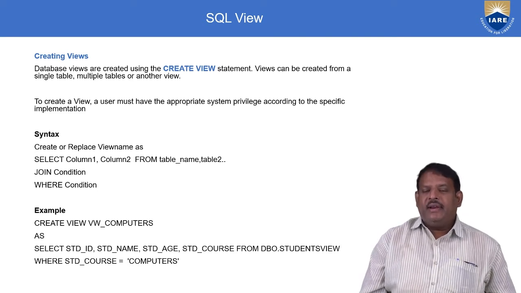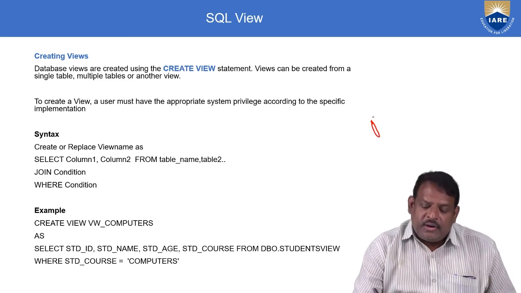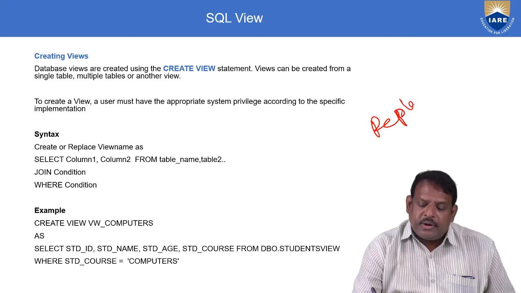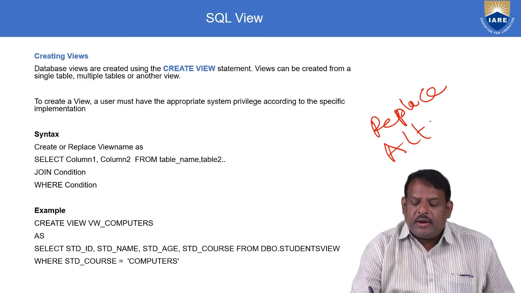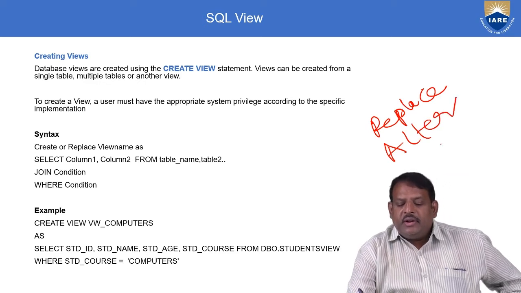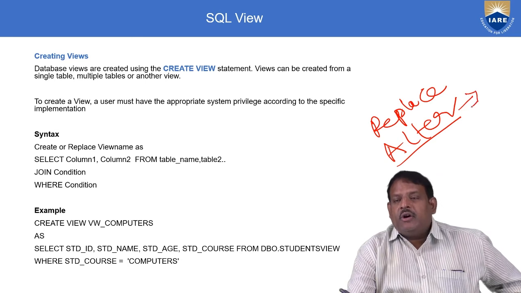It is just the create statement. Replace or alter is used to modify an existing object. It depends on your database. In SQL, alter is to modify the structure of an existing object.